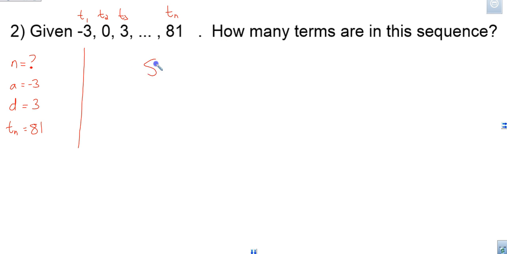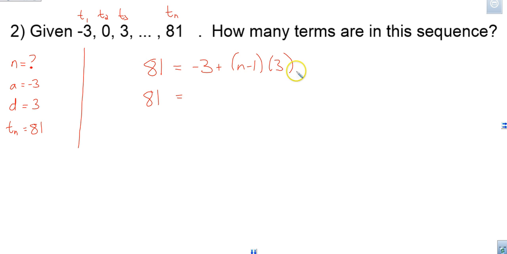So in this case, 81 is what we would have calculated, just like the previous question. That will be equal to negative 3 plus n minus 1 times 3. We don't know what that n is. We don't know how many times the common difference has been added.